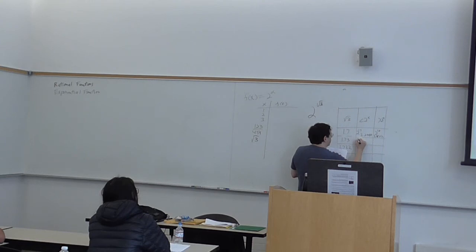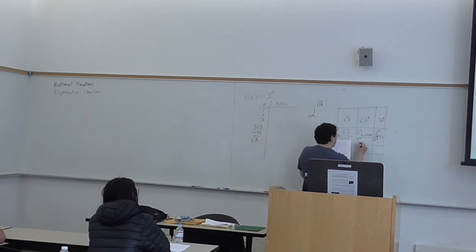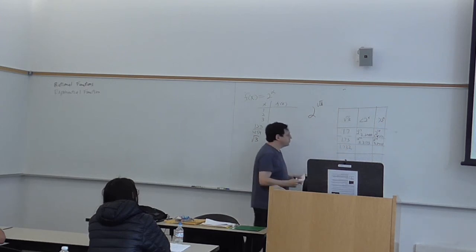All right, now I want to increase my accuracy a little. So now it's going to be 2 to the 1.73 and 2 to the 1.74. So these numbers are 3.3173, 3.3403. And I'm going to keep going, all right?